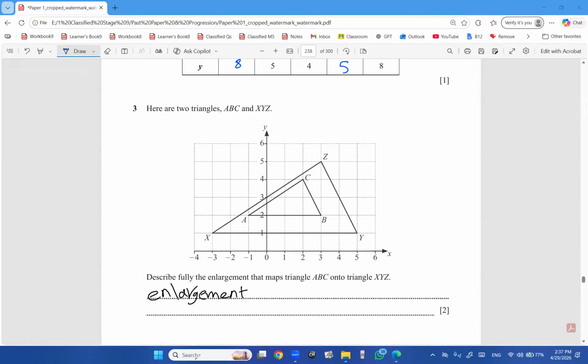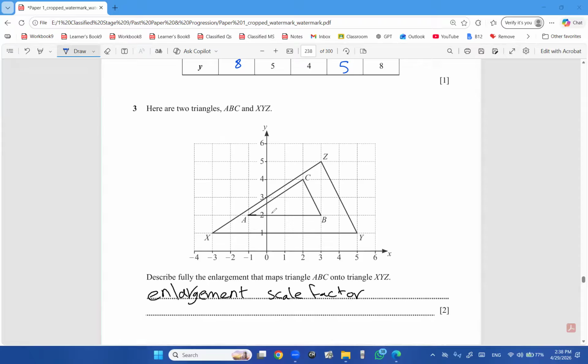But unfortunately, when they say to you, describe fully the transformation, sometimes you forget to write the type of transformation. That's why I want you to get used to writing the word enlargement, reflection, rotation, translation. I need you to write it all the time. Even if it's written over there, just get used to it so that you don't forget it when it is requested.